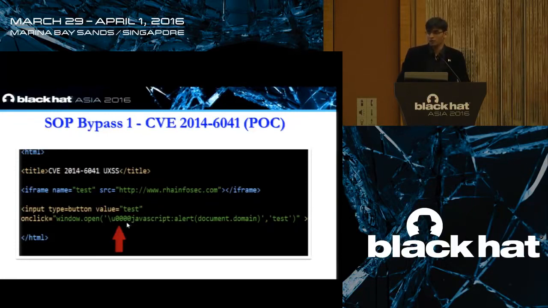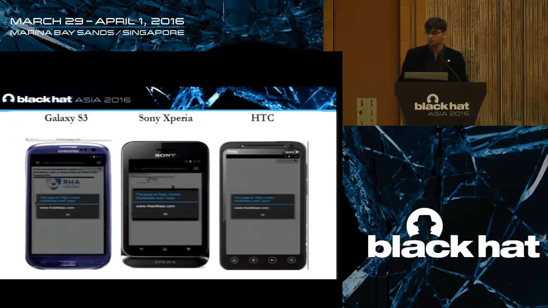So due to how browsers parse null bytes and other control characters, it was possible by using a null byte to execute JavaScript in the context of rhainfosec.com. So these are examples of how the POC works.